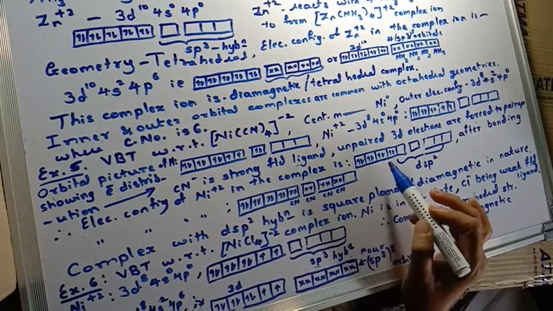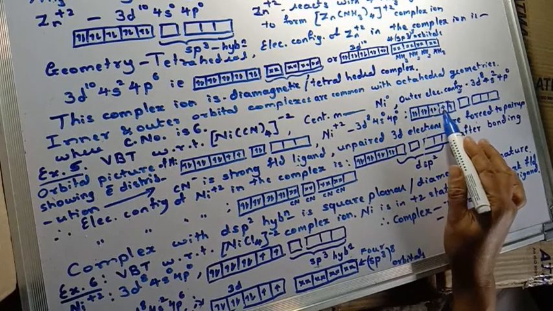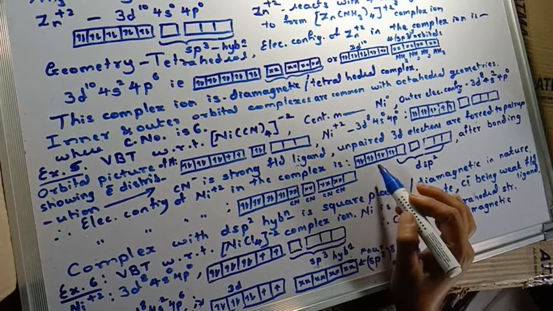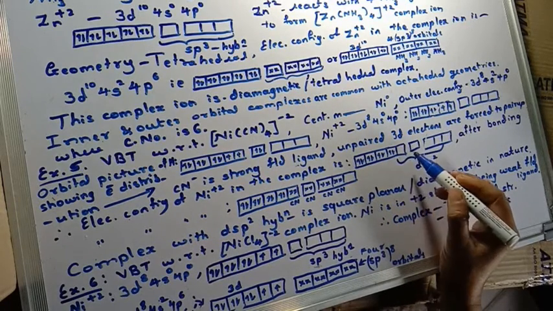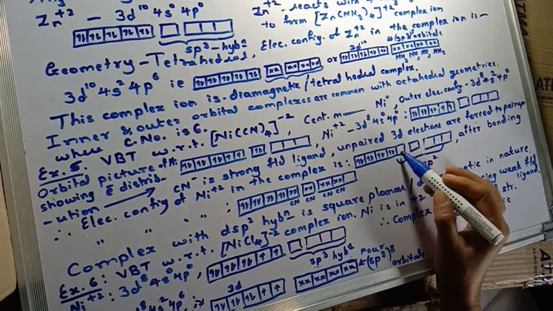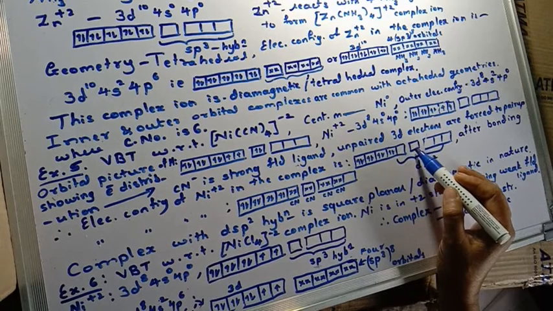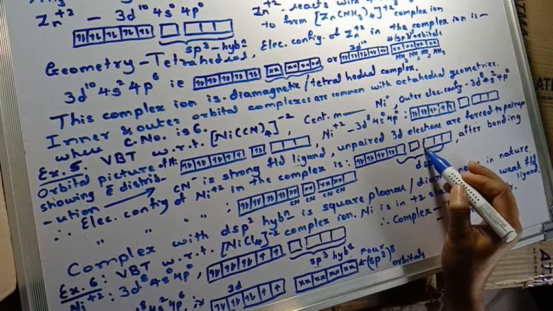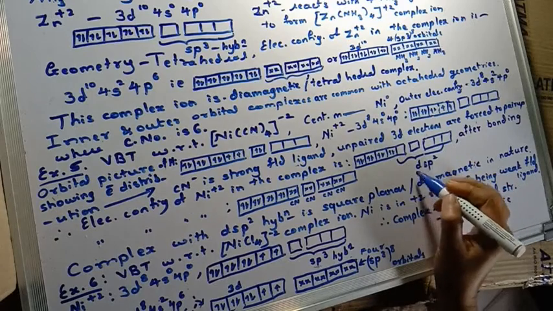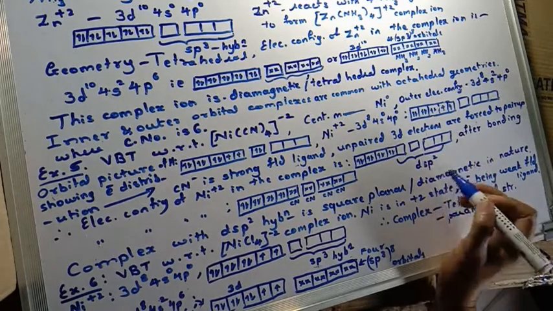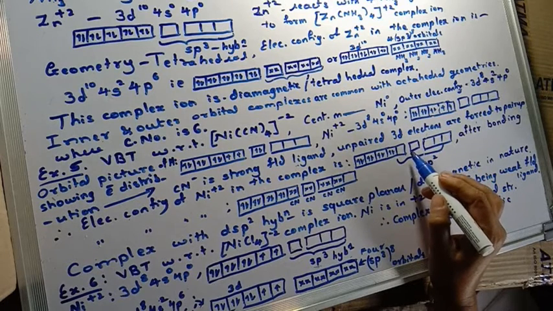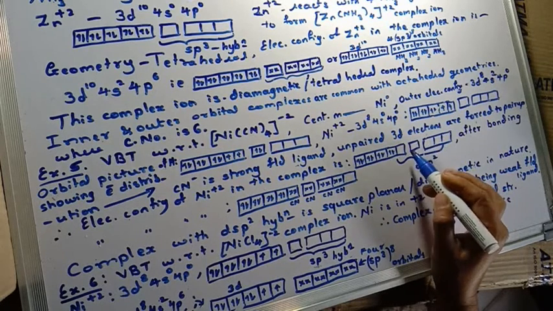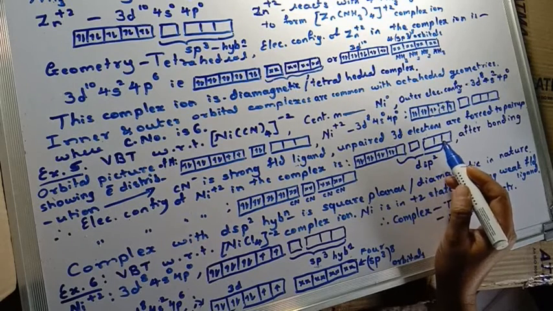So you can see this electron is forced to pair up, therefore it is 3d8, with one d orbital empty. The hybridization involves one 3d orbital, one 4s orbital, and three 4p orbitals, so the type of hybridization is dsp2. There are four atomic orbitals because four ligands are approaching, hence four orbitals are required for bond formation with the ligands.